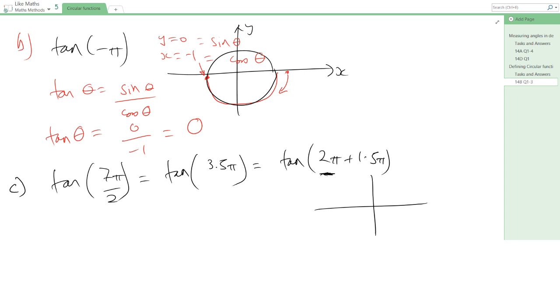So on the unit circle, and again also noting that this is positive, so you're going that way. On the unit circle, you go around 2 pi rotations, which is back to where you started, plus another 1.5 pi, or 3 over 2 pi, which is 3/4 of the way around.